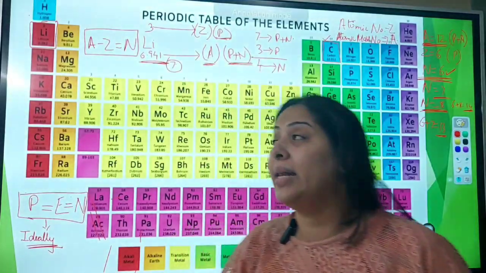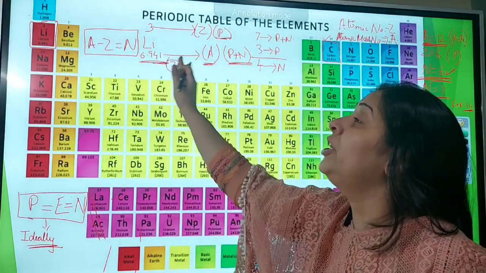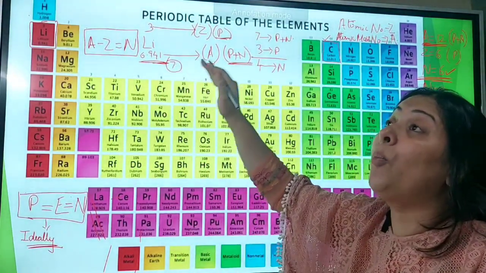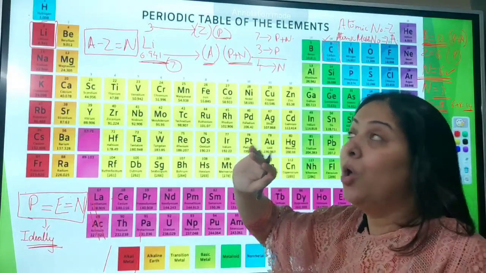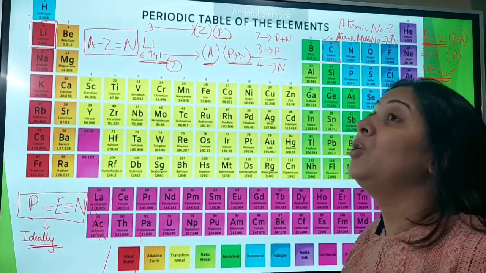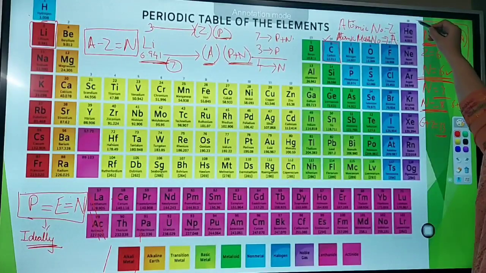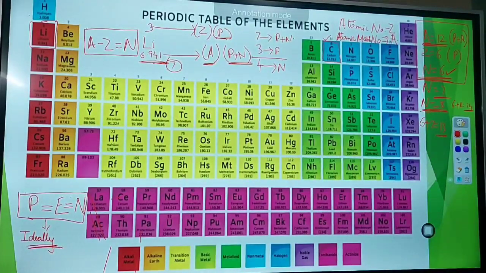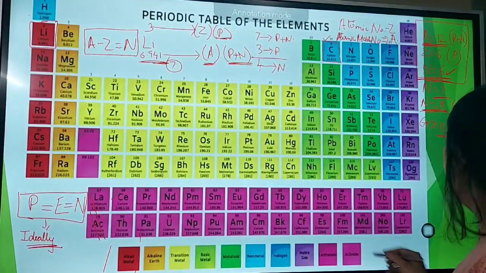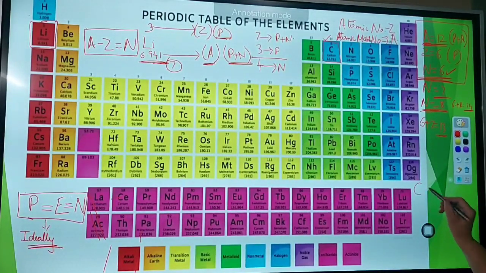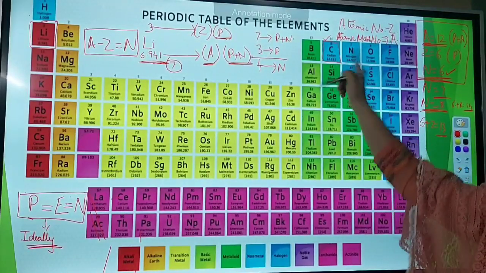And when an atom has different atomic mass numbers, those are known as isotopes. So this is your normal carbon atom. I have carbon, which is my normal. If I write only C, it means carbon 12.